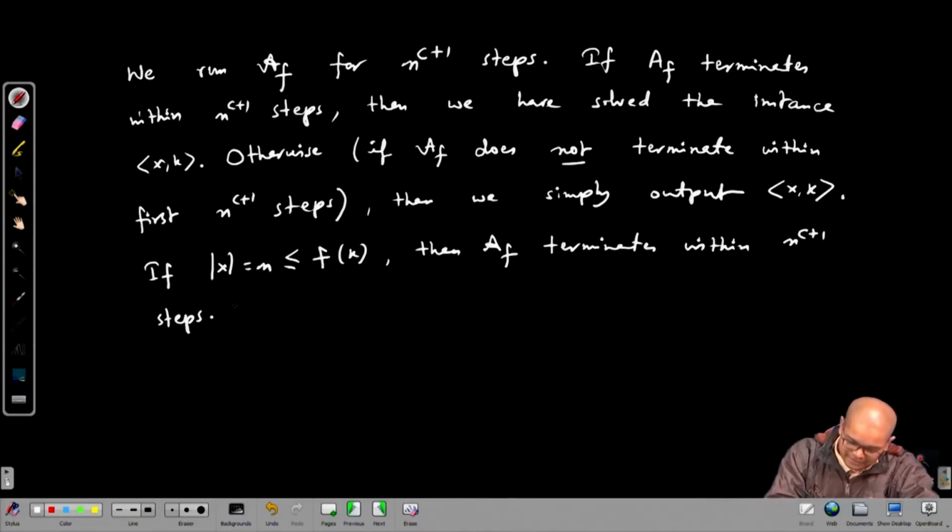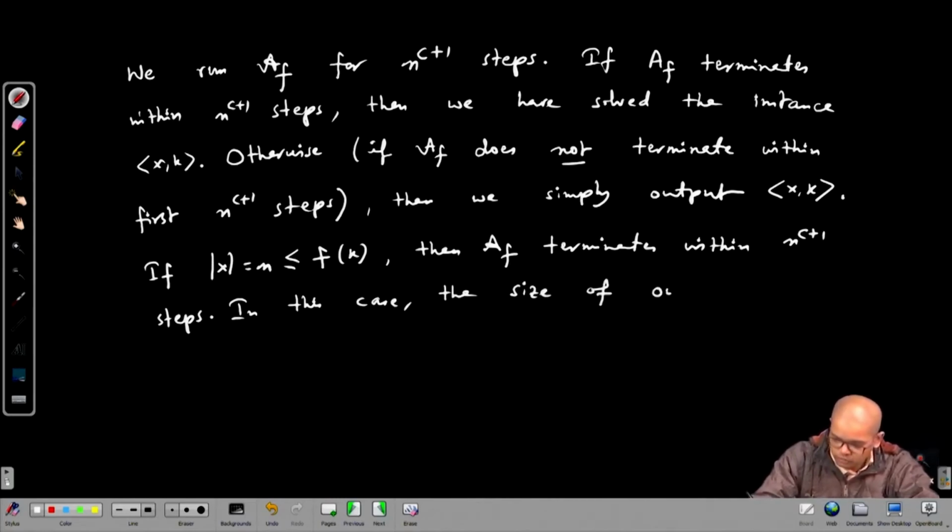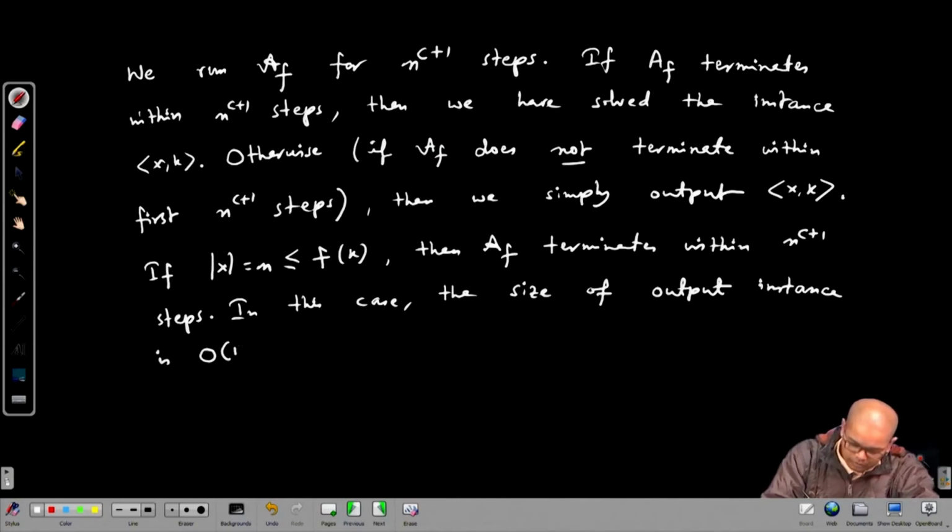So in this case, the size of output instance is big O of 1. Otherwise, we have size of x, which is n, which is greater than f of k.